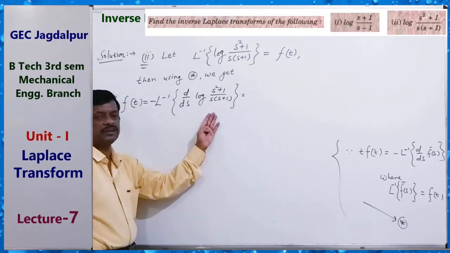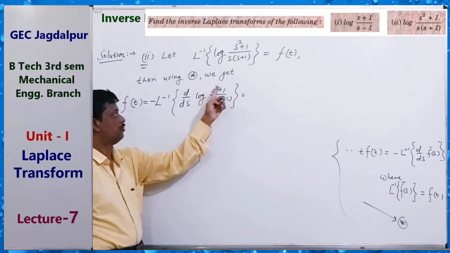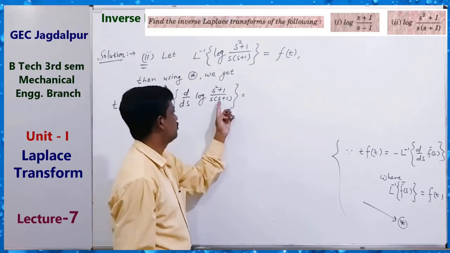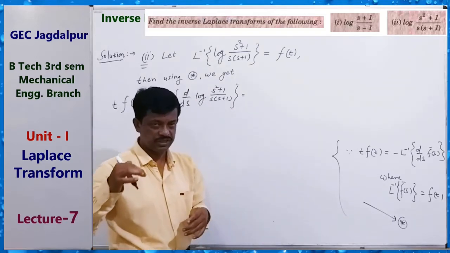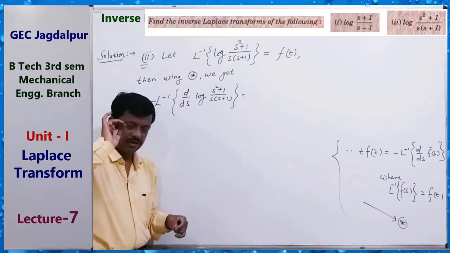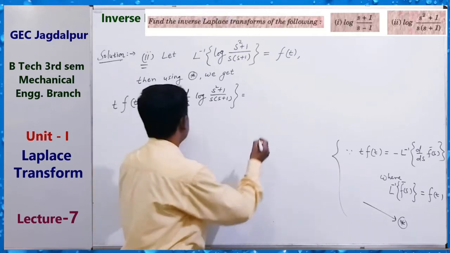We can separate it in three parts. Log a by bc is log a minus log bc, and log bc means log b plus log c. So you can separate it.